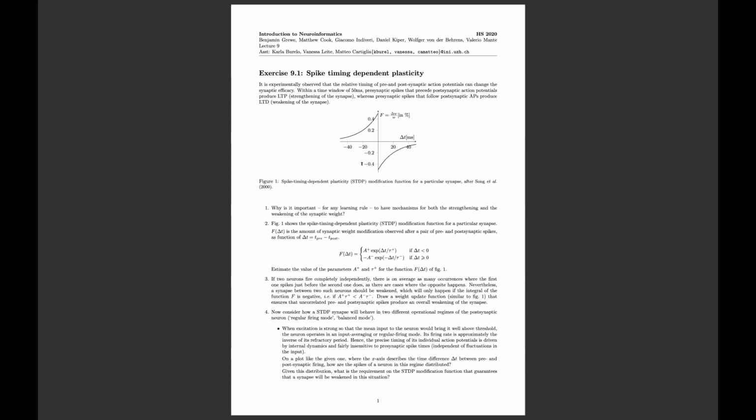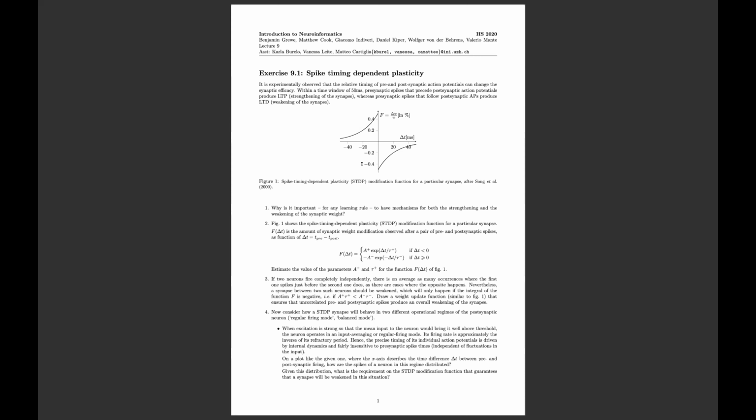So the spikes would be distributed uniformly. We're not asking how the weight would be updated. We're asking how the delta t plot would look like.